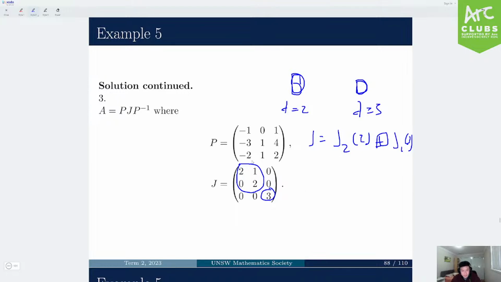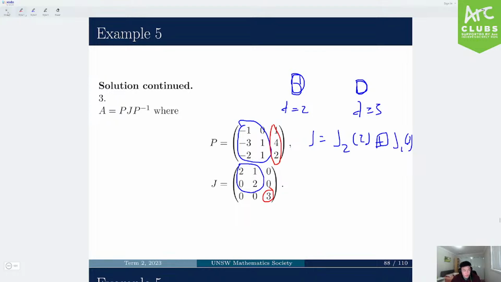Again, you have to match whatever order you put your Jordan blocks in, you have to match the eigenvectors as well. So for the first case, we have J2 of 2.